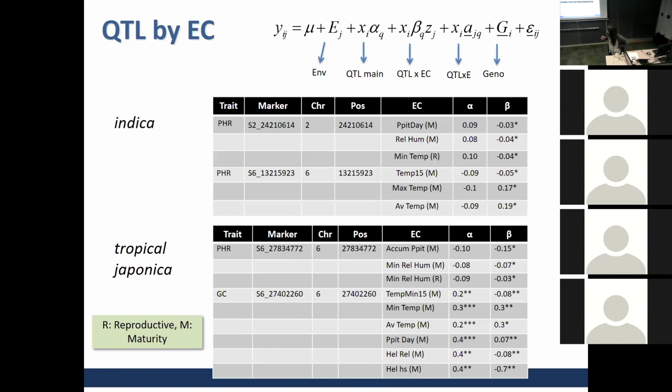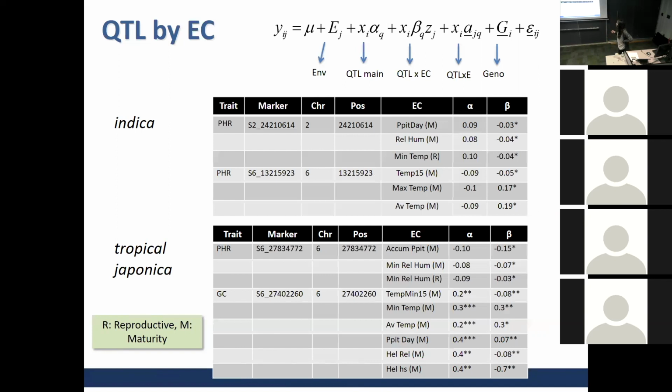And this was unexpected, because we know from previous studies that grain chalkiness in the tropics, at least, is mainly affected by high temperatures. Usually the high temperatures in the tropics that affect grain chalkiness are those higher than 33 degrees. However, in Uruguay, maximum temperatures during the grain filling stage never reach 33 degrees. They're always lower than that.